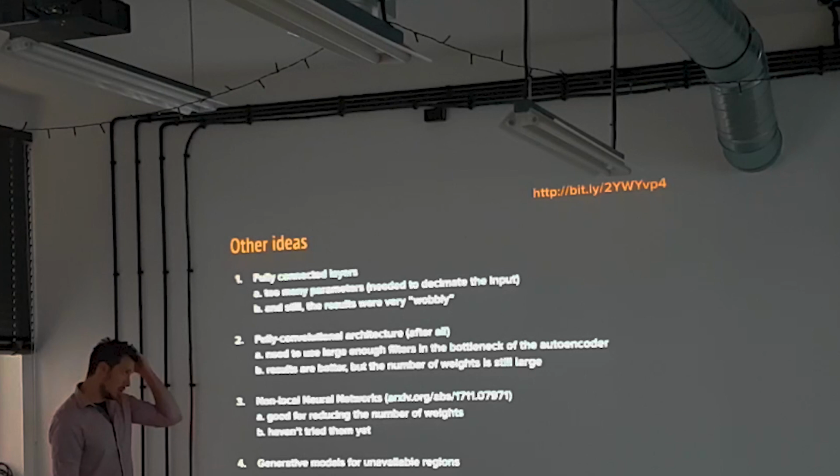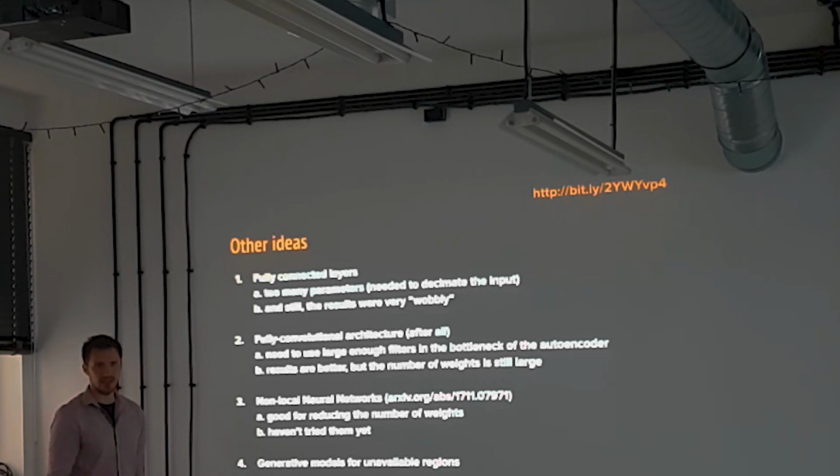Another idea is non-local neural networks. Here's a paper from 2017 from Facebook, which uses so-called non-local interactions on the image. I had to dive into that. The number of weights is greatly reduced, and the idea is to look for patterns in the input, for pieces of the input that are actually the same.